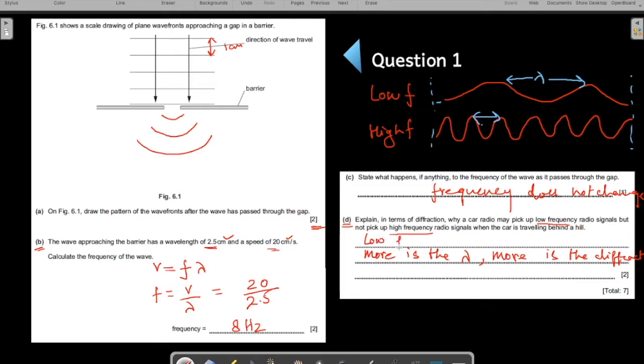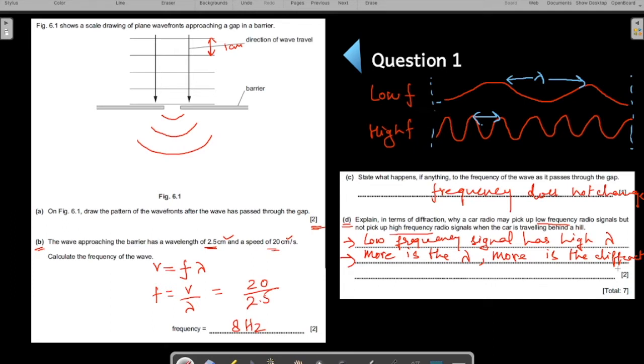Low frequency signal has high wavelength. So this should be your first point. Low frequency signal has high wavelength, and more is the wavelength, more is the diffraction.